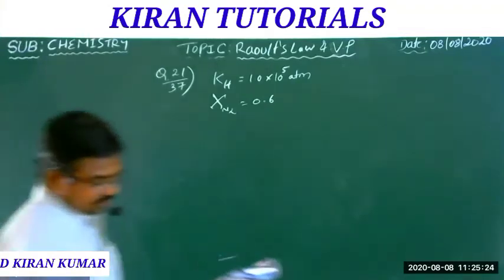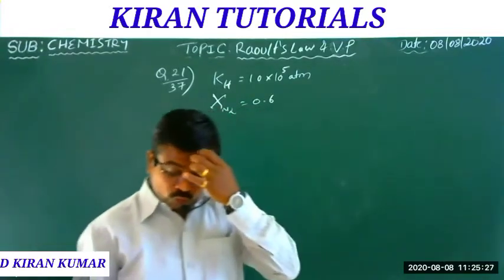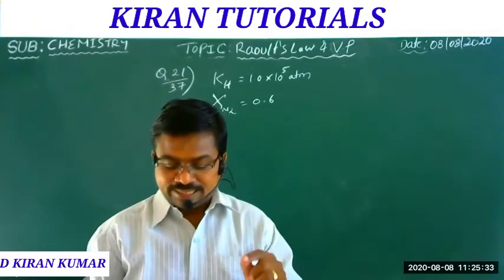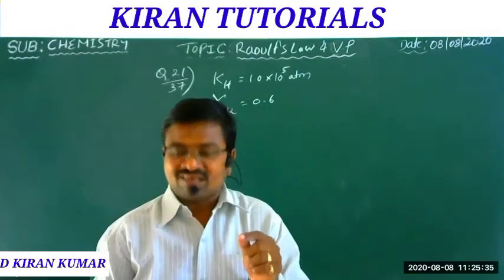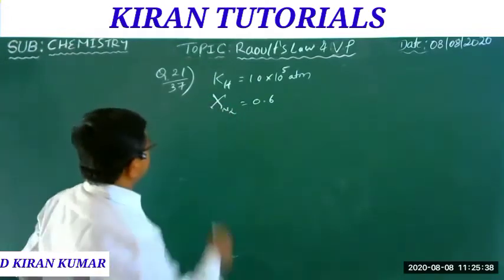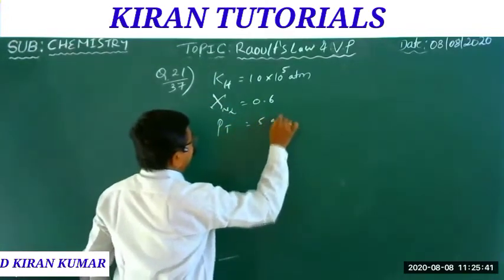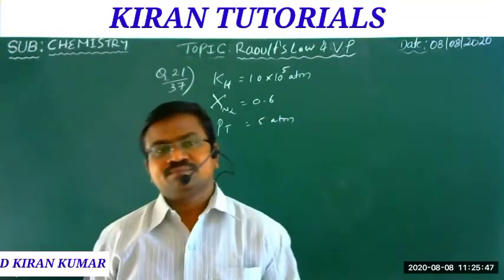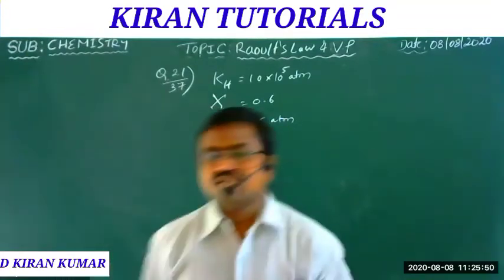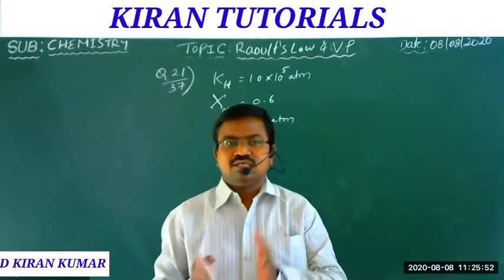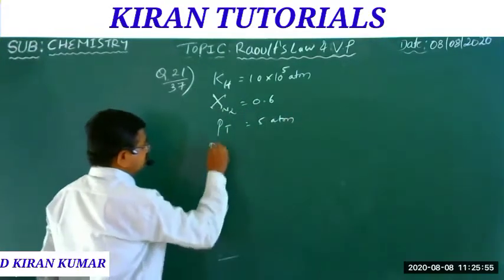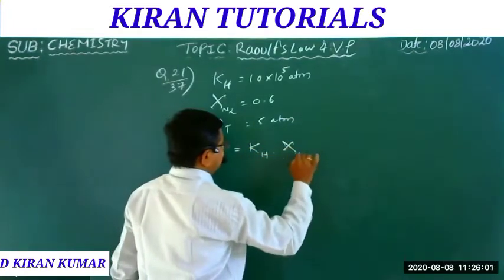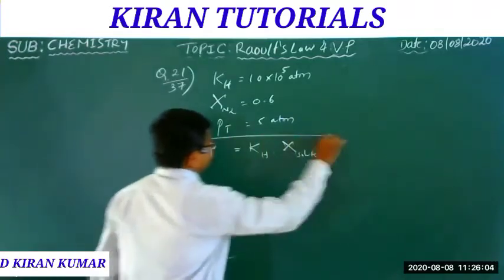Then, the number of moles of N2 from air dissolved in 10 moles of water at 298 K temperature and 5 atmospheric pressure. What is the total pressure? 5 atmospheric pressure. Both are in atmosphere. So what is the formula? You know that partial pressure is equal to KH into mole fraction of solute. That is the formula.